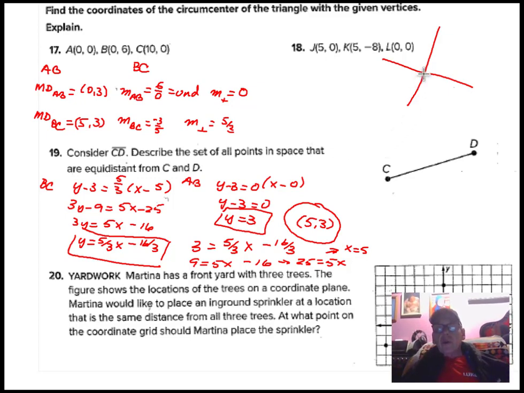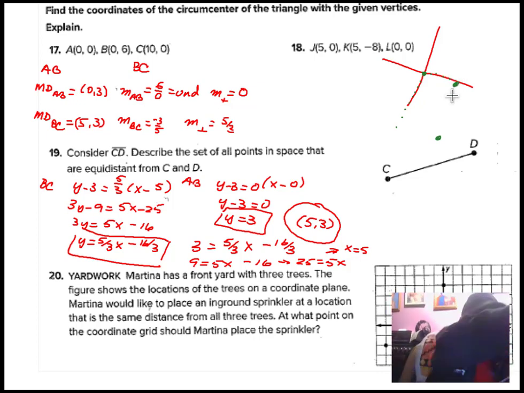L is at (0, 0), so I need to plot L. K is at (5, -8). 2, 3, 4, 5, 6, 7, 8. It's going to be like down here. And the other point is going to be at (5, 0). 1, 2, 3, 4, 5, 0. So here we have our points.